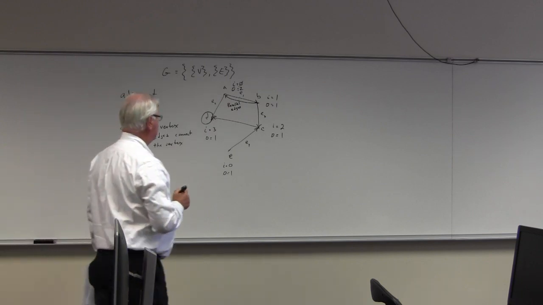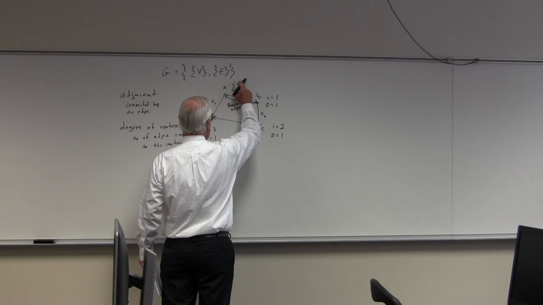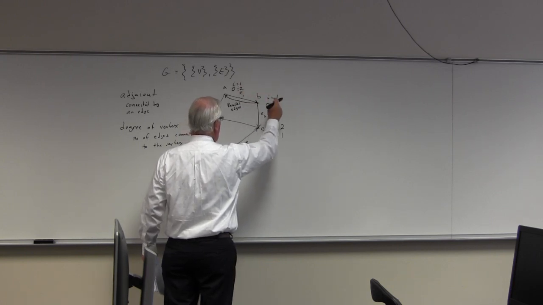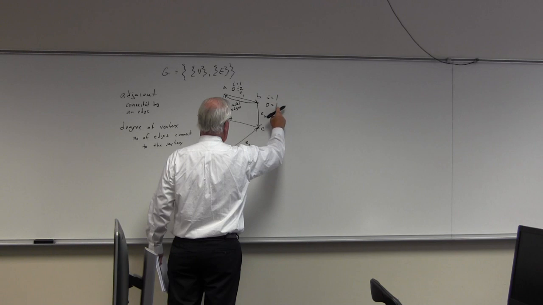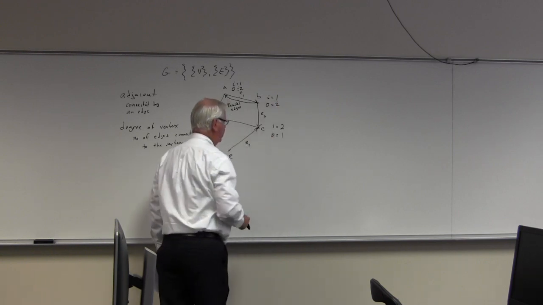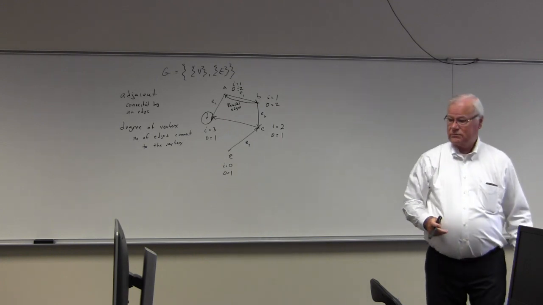So those are parallel edges. Now I guess we have to change this to 1 and this to out now is 2, isn't it?